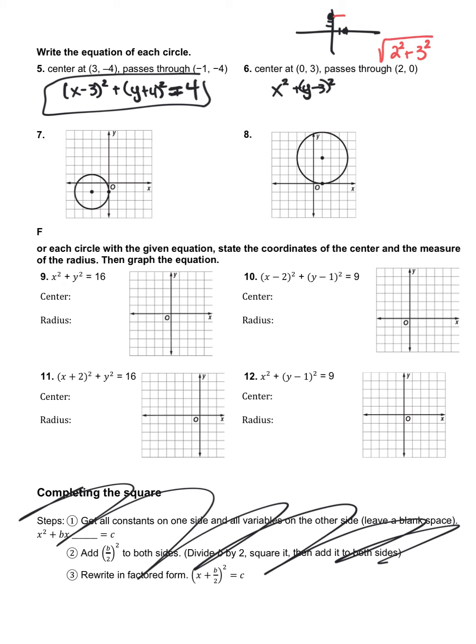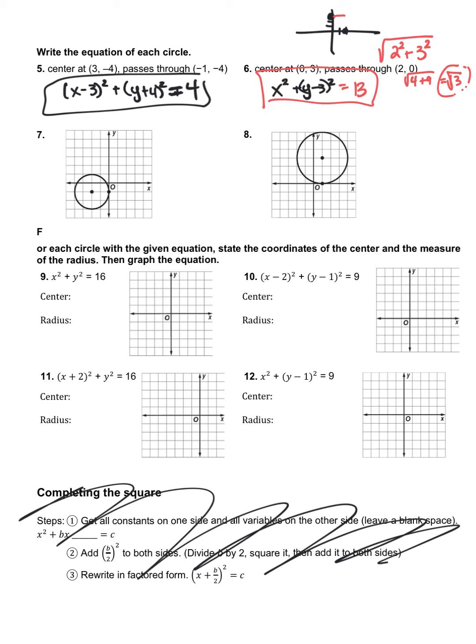Okay, so 2 squared is 4 plus 9, 3 squared is 9. Together that would be 13. So it is the square root of 13. So here, the radius is the square root of 13. So the square root of 13 squared would just be 13. And so there is our equation. X squared plus y minus 3 quantity squared equals 13.